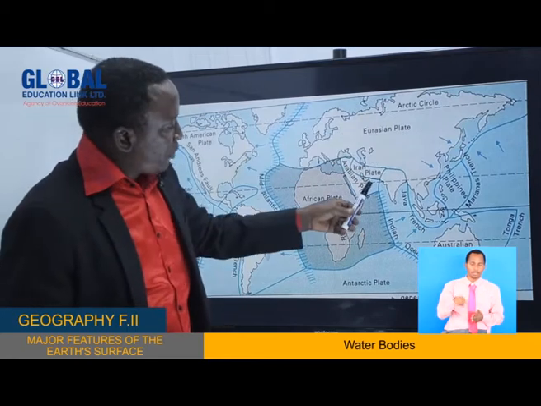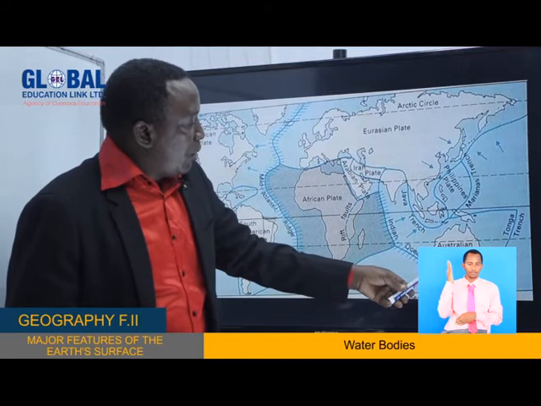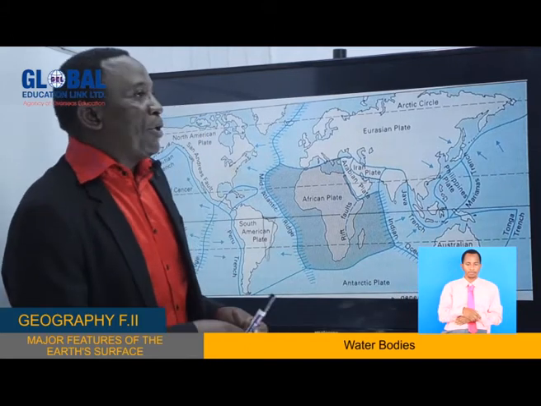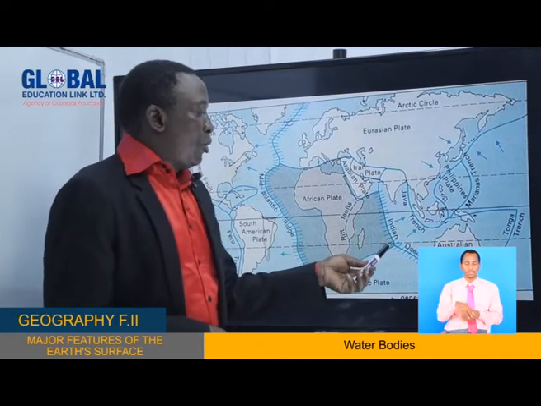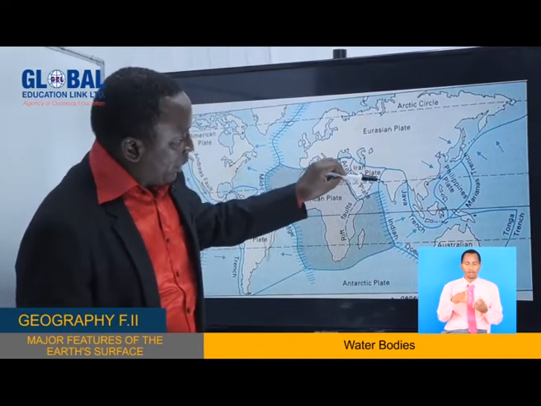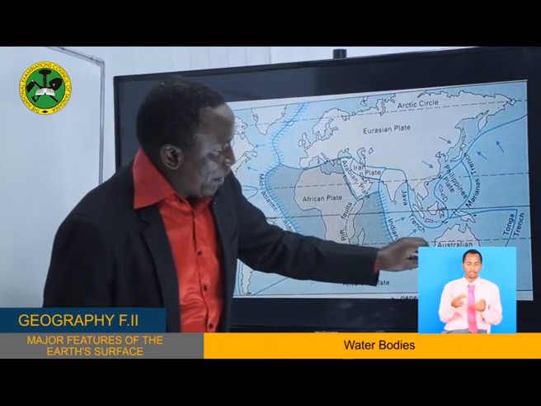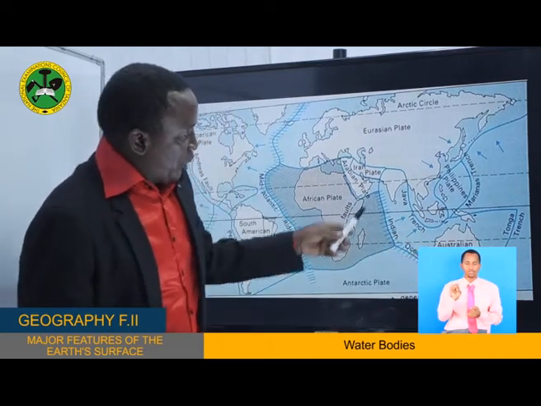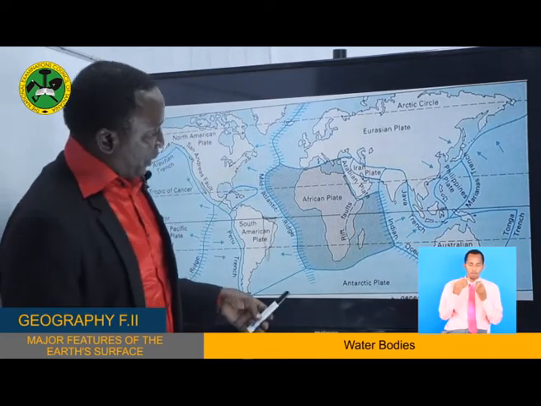I said the ridges are the raised parts of the ocean floor which are formed through the cooling and solidification of the magma. Now you can see this line here shows that the magma was rising up, then it cooled within the oceans or the sea.